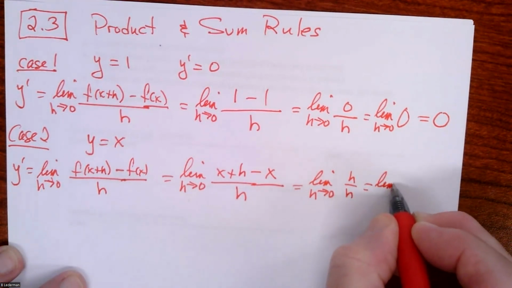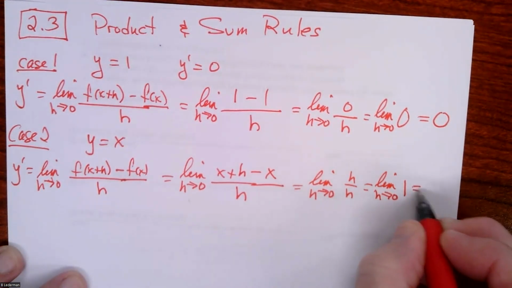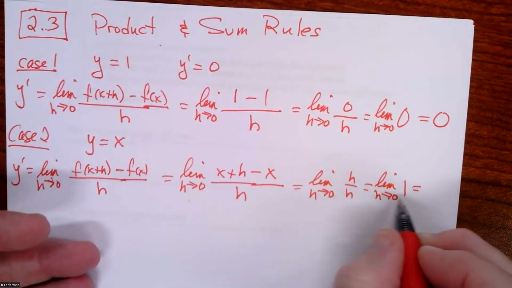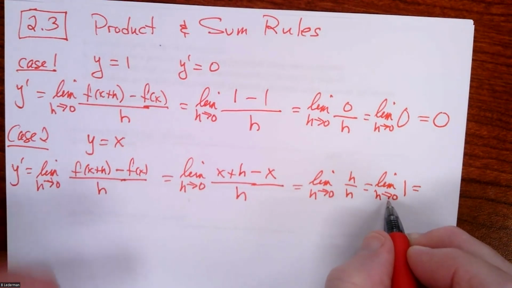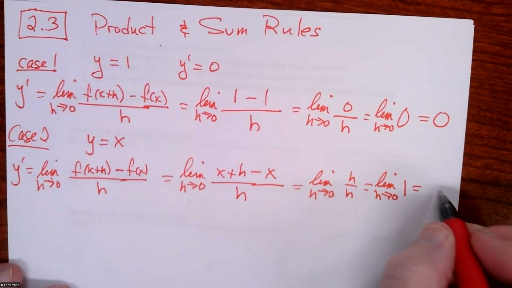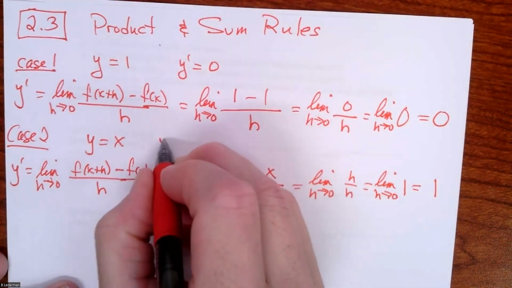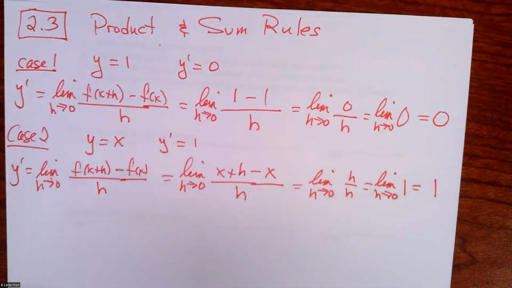So this is the limit as h goes to 0 of 1. Well, again, there's no h in there, so there's nothing to do. I'm just going to remove the limit. The limit is done. There's no limit. I mean, we're done here, and the answer is 1. The derivative is 1. All right, so y prime equals 1.